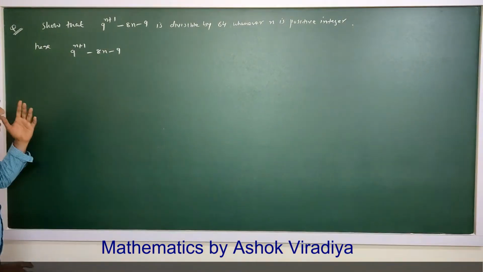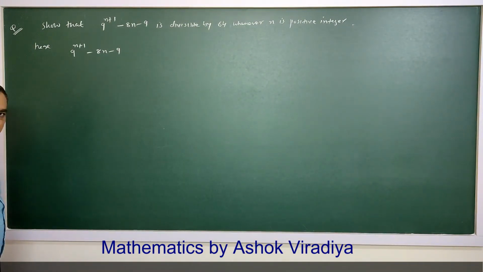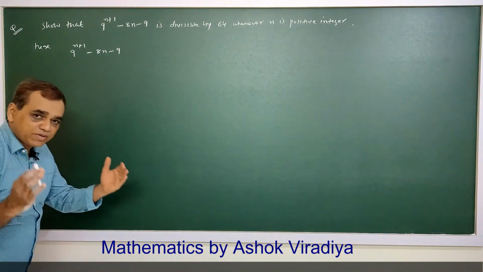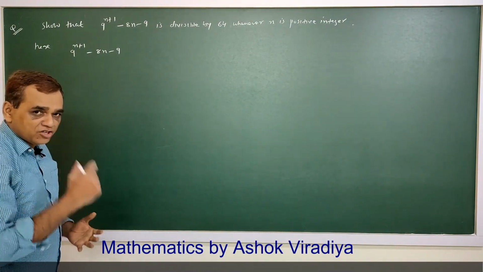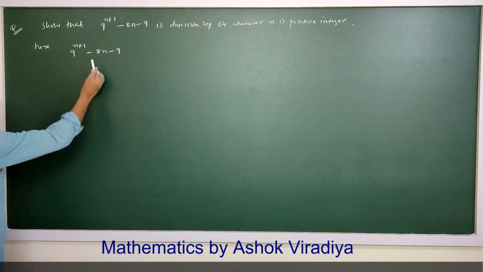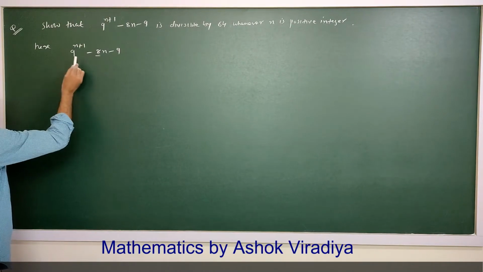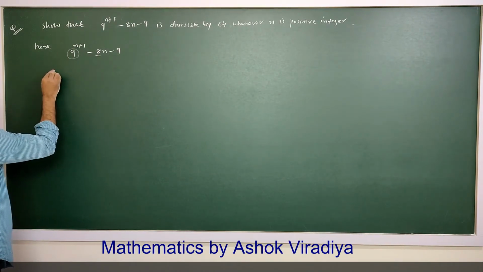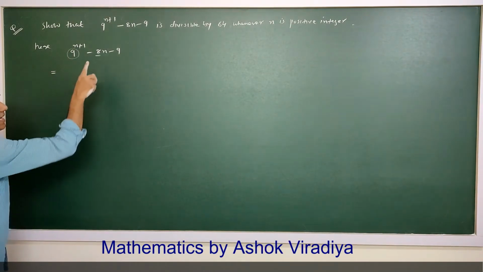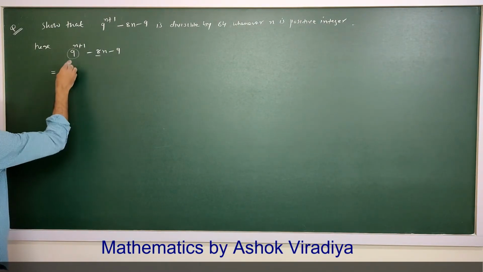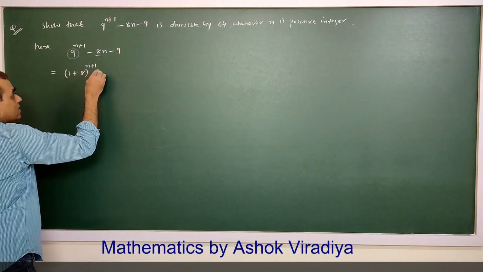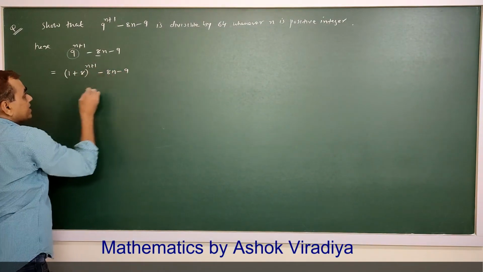We can get a hint from this expression for the pattern of the binomial theorem. This is 8, so 9 can be expressed as 1 plus 8, giving (1 plus 8) raised to n plus 1 minus 8n minus 9.